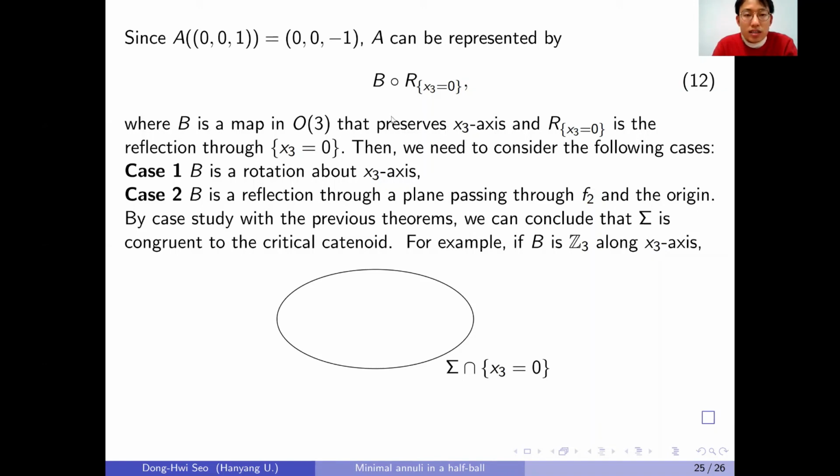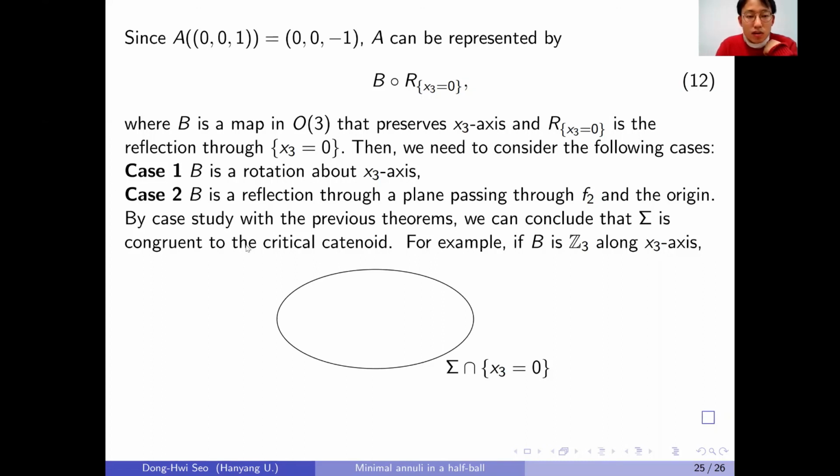So we can divide into two cases. The first case is that B is a rotation about the x3 axis, and the second case is a reflection through a plane passing through the x3 axis, which is a line passing through F1 and F2. Using this case study, we can show that sigma should be congruent to the critical catenoid.